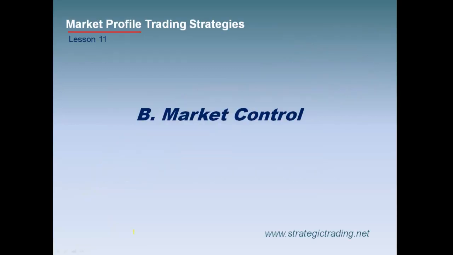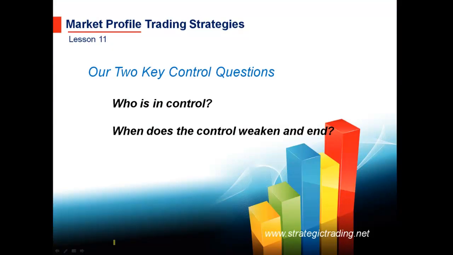All right, let's go back to discussing the issue of control and trying to identify and answer some key questions about control. Remember, our two key control questions are: who is in control, and when does the control weaken or end?